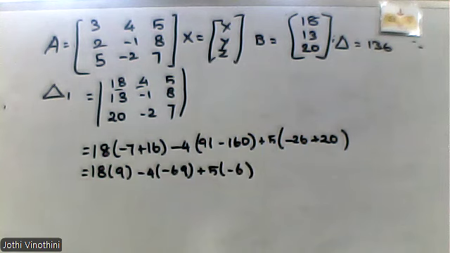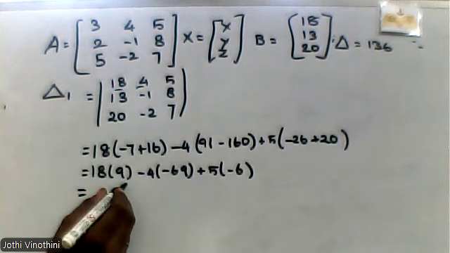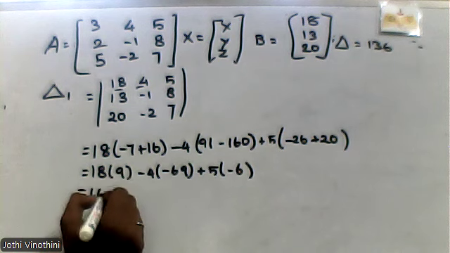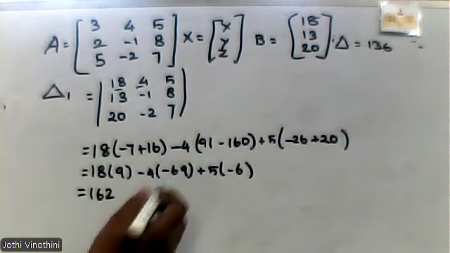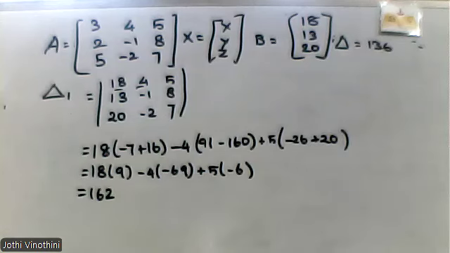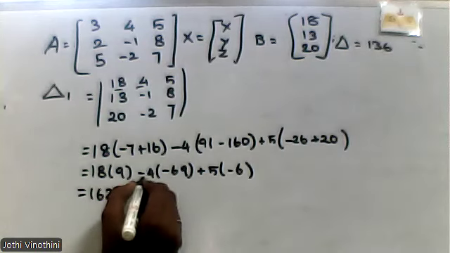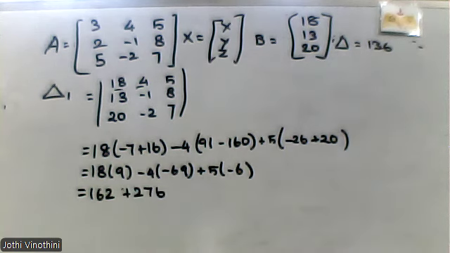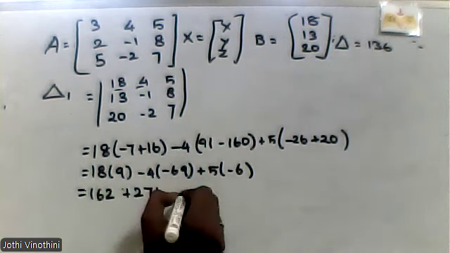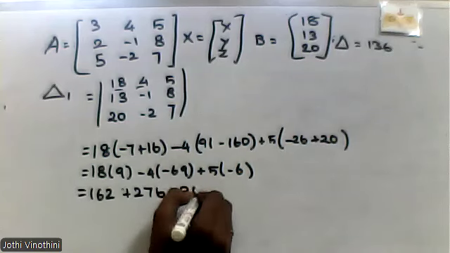So what do we get? 18 into 9 is 162. 69 into 4 is 276, and here it is minus times minus, so plus 276. And 6 fives are 30, here it is minus, so minus 30.